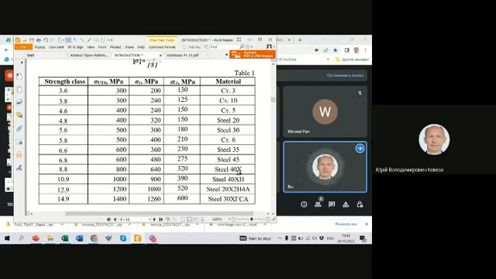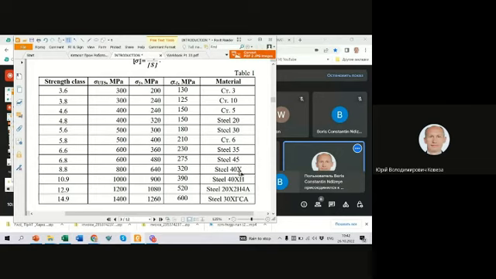But if you use any letter, H, X is chrome in Russia, and H is N nickel, and other materials, then these steels are alloy steel.